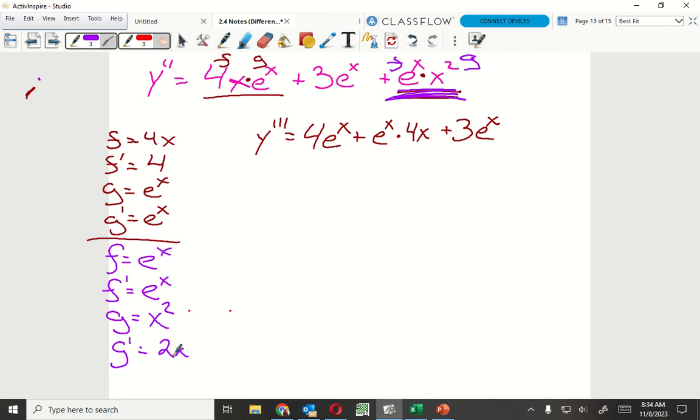So I'm going to add this to my product plus, f prime, which is e to the x, times g, which is x squared, plus g prime, which is 2x, times f, which is e to the x. All right, if this is a free response question, I would leave it alone right there.